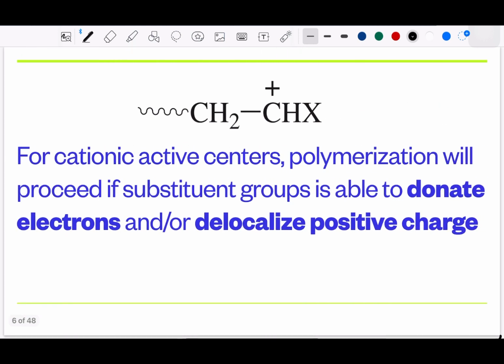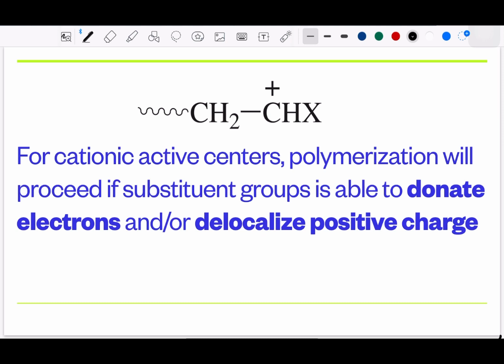So if we have this cationic species, this positive charge on the carbon, as our active center, then the polymerization will occur if we have some groups that can donate electrons to this positive charge.